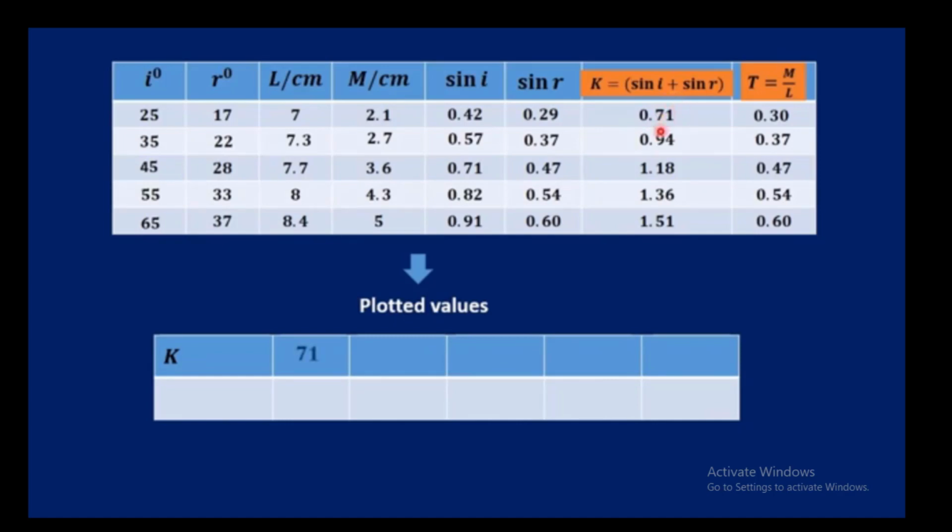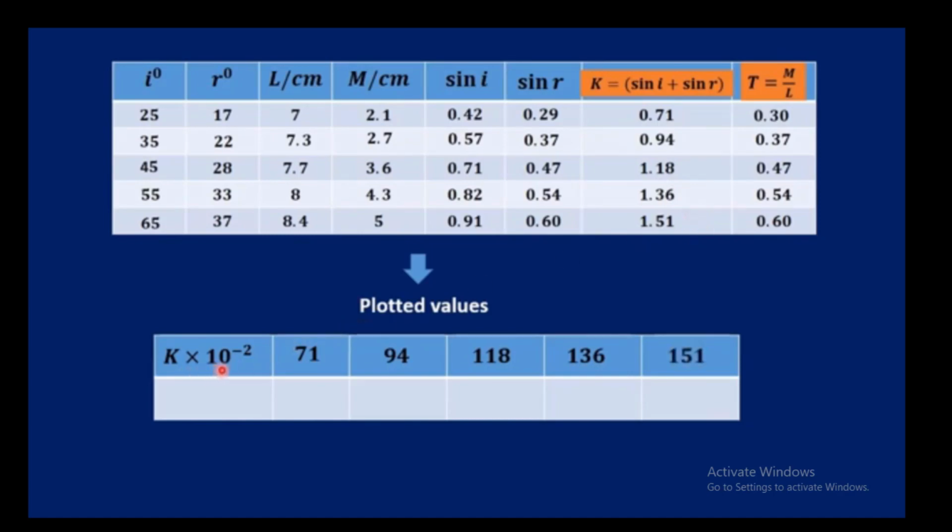Then the value will change to 71, raised to the power of minus 2, because we shifted it twice. Similarly, 0.94, 1, 2, we shifted it twice, which is 94. Then this one will be 118. And the next values will be 136 and 151. You just have to shift the point twice.